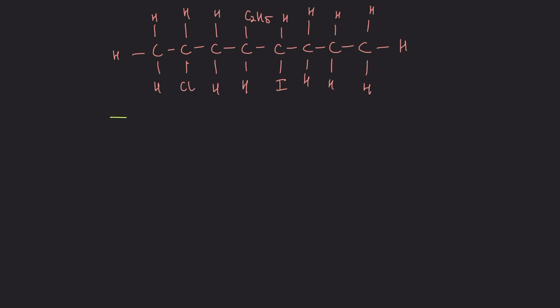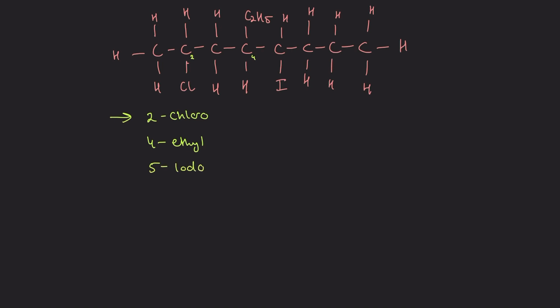Okay, if we go this way, our first side group is chlorine, and that will be on the carbon 2. If we go the other way, our first side group would be iodine, and that would be on carbon 4. So that's much bigger, so we're not going to go that way. So let's see, we have 2-chloro. Next one we'll have 4-ethyl, C2H5 is ethyl, 5-iodo.